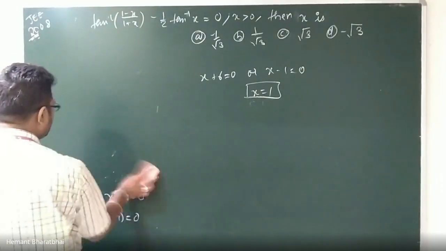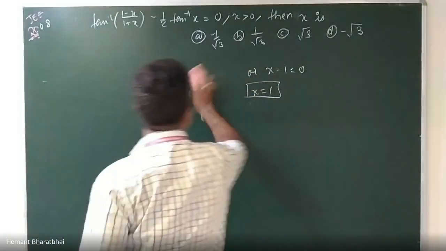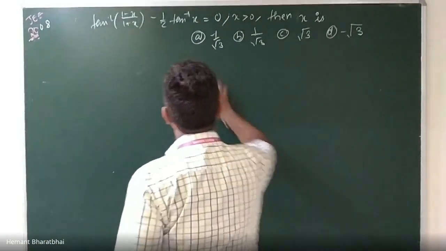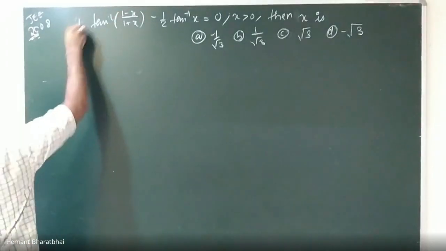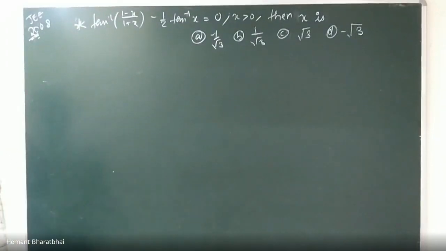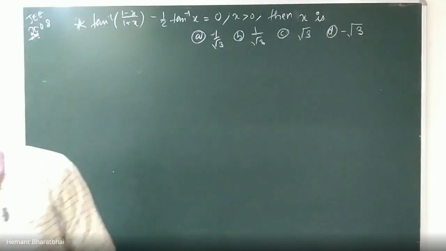Think how we can do this. He has given us the value of this equation: tan inverse of 1 minus x upon 1 plus x minus 1 by 2 tan inverse of x is 0.